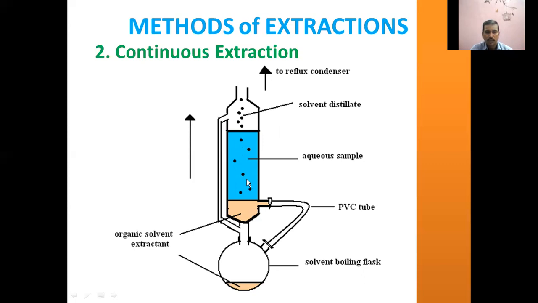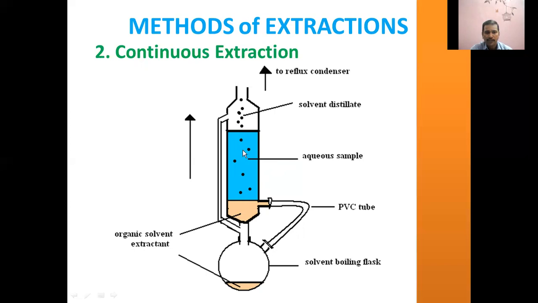This blue colored layer indicates the aqueous phase, which is having the sample, and it is having the solutes which are indicated by the dots. The sample reservoir has been connected to this condenser tube. This is the extraction tube, the extraction assembly.